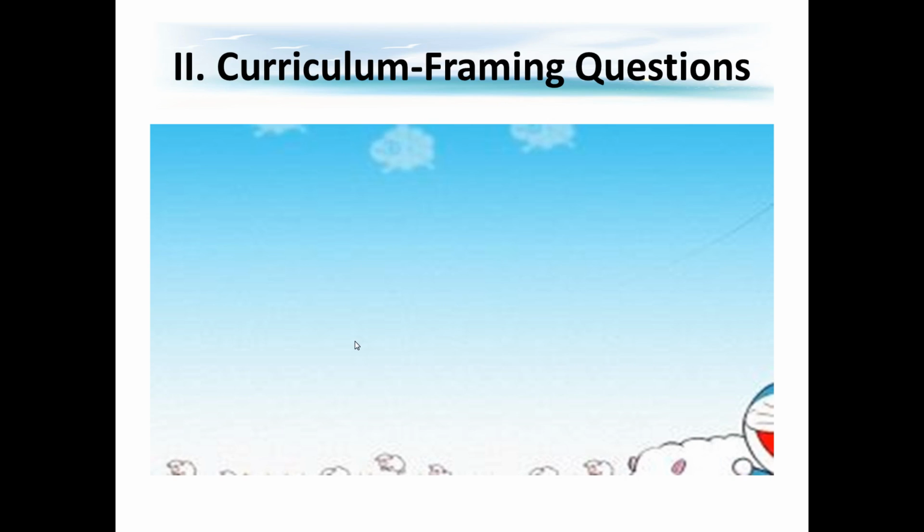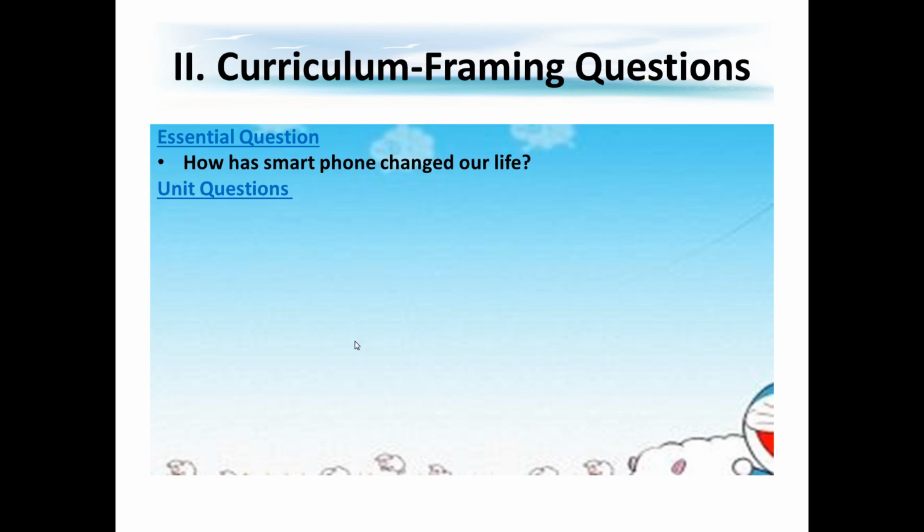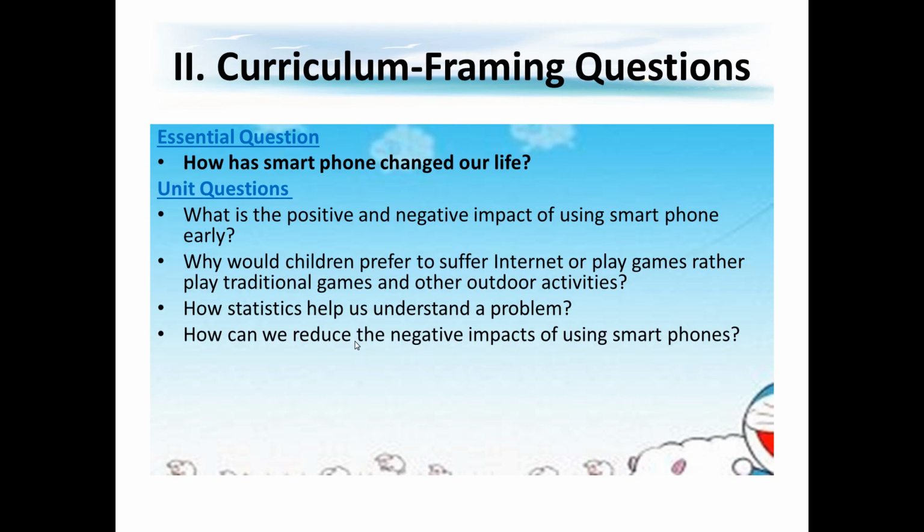We jump to the second part, the curriculum framing questions. I have big questions, essential questions. How has smartphone changed our life? And my unit questions have 4 questions. What is the positive and negative impact of using smartphone early?